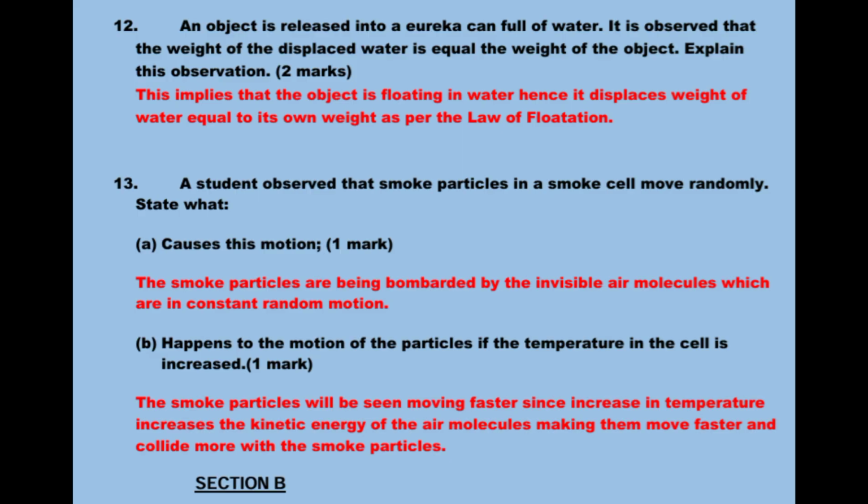Definitely, increase in temperature increases the kinetic energy of the particles, and that is simply to say that when the kinetic energy increases, then the particles will also move faster, and they will therefore collide more with the smoke particles.